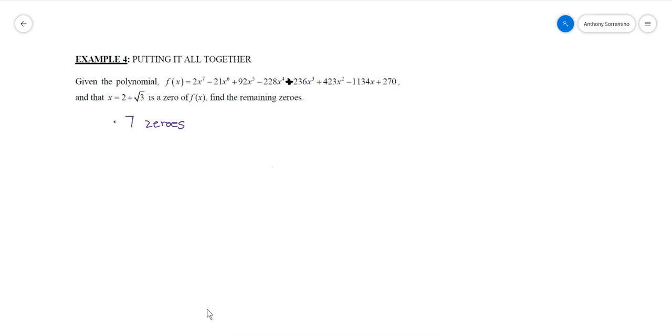Now, I don't know if those zeros are going to be all real, rational, or irrational. I don't know anything beyond that at this point. If any of them are going to count more than once and have a multiplicity, I have to wait and do more detailed work on this function to find out more information. But I do know I expect to have 7 zeros, one of which was given to us already. So there's 6 more I have to find.